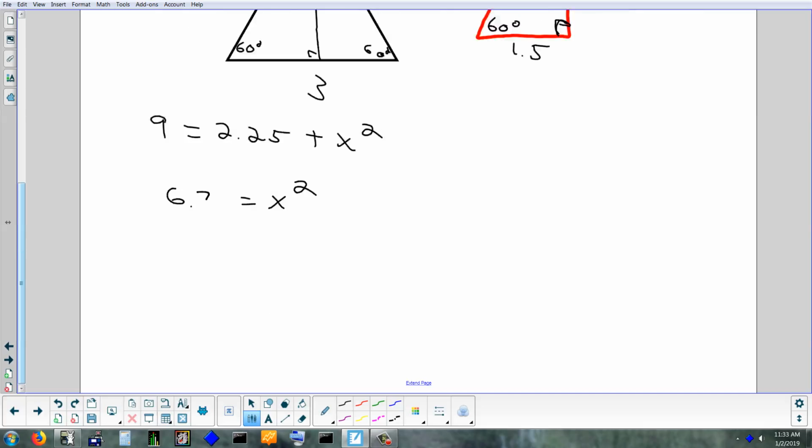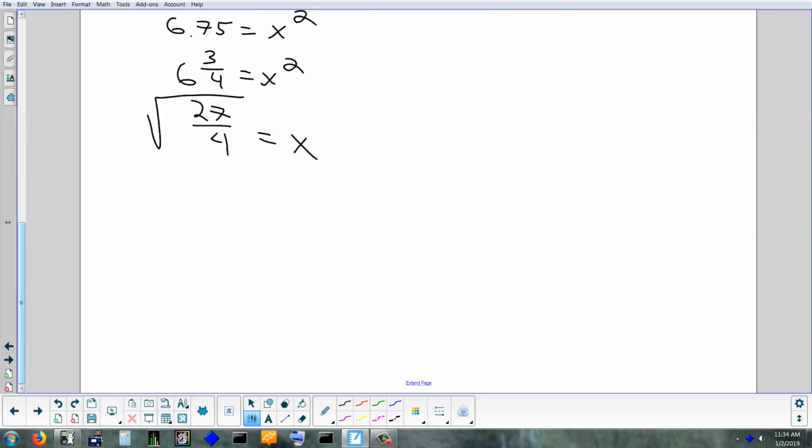Or when we take the square root of it, if you want to get this as a nice answer, you would have to change that to a fraction. So it would be 6 3/4 or 27/4. Any question how I got 27/4? Now take the square root of it. What's going to be nice here is the bottom just comes out to 2.